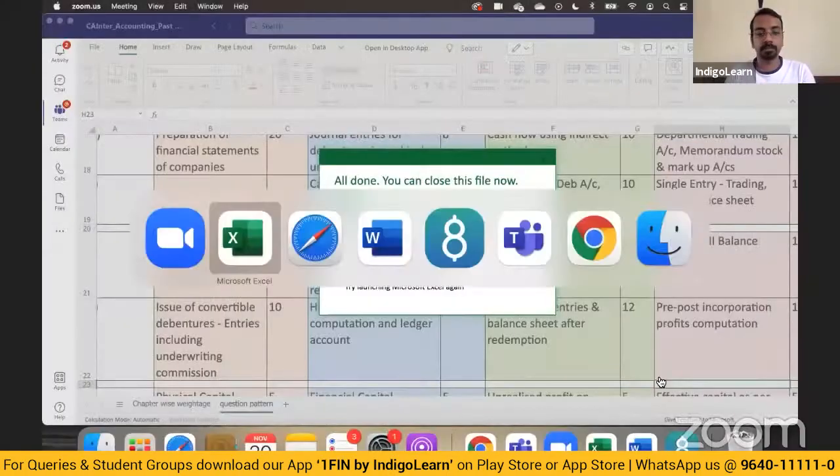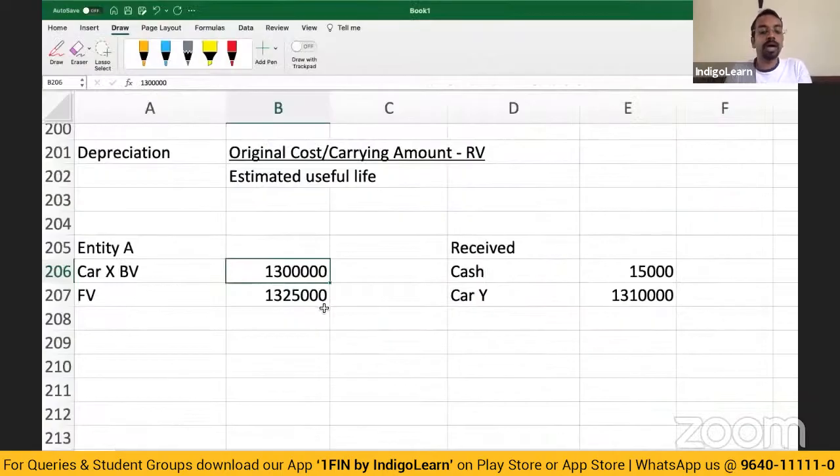In this case, what has happened is you have given an asset with a book value of 13 lakhs. I'll just share my screen so that it is visible. When we have given up book value worth 13 lakhs, then whatever we have received in return, cash you can directly measure, right?